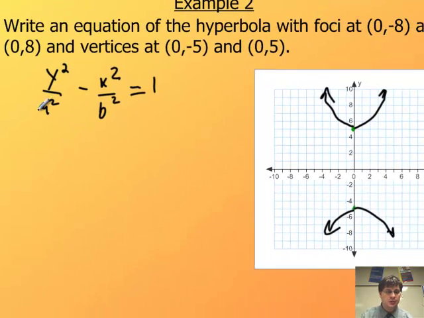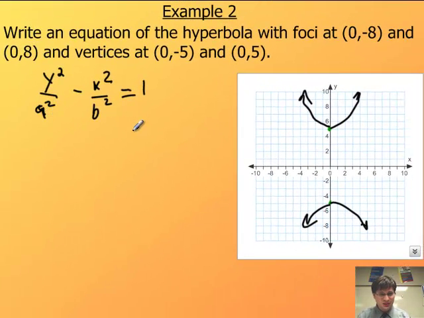Okay, so we know what our a value is, it's going to be 5. So I've identified a, but that's given to us. But now we need to figure out what b is.